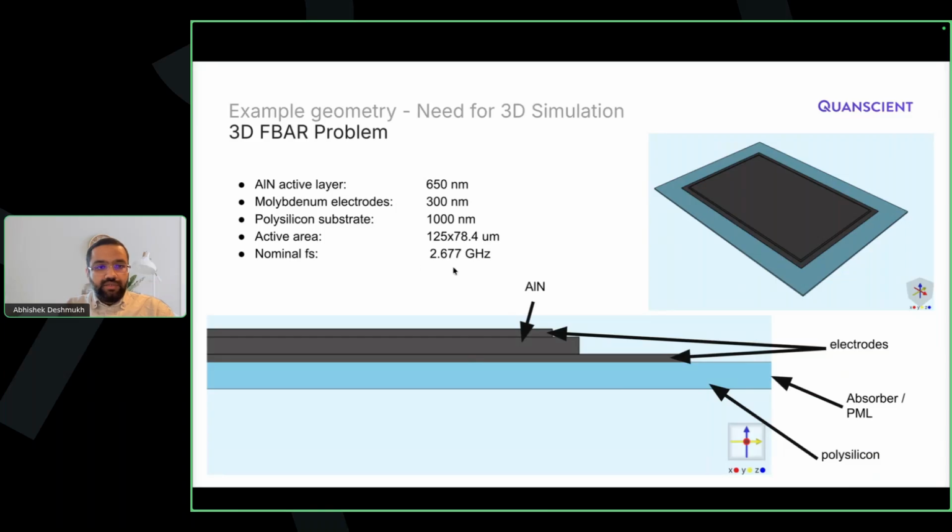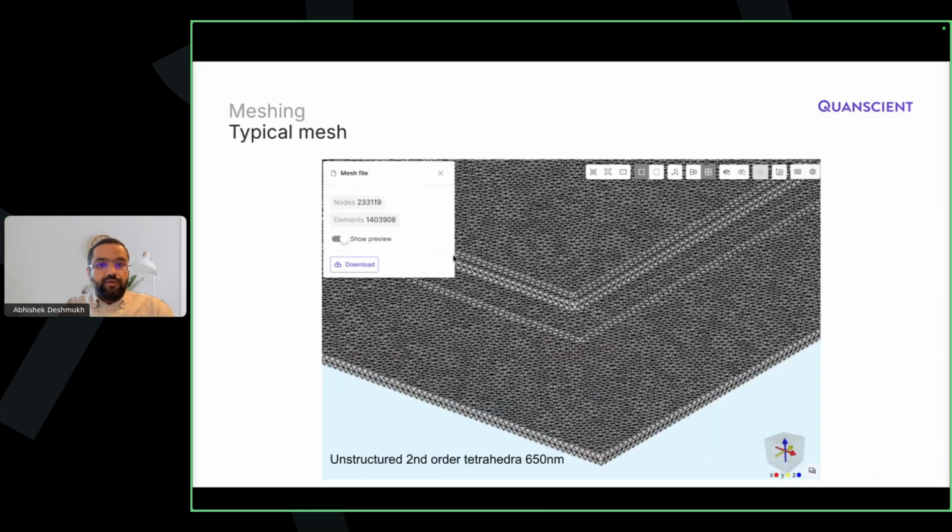And the series frequency, as we'll see, is about 2.67 gigahertz. This is the typical mesh. In this case, we have used a full tetrahedral mesh, but we could of course also have done this with the layered meshing.